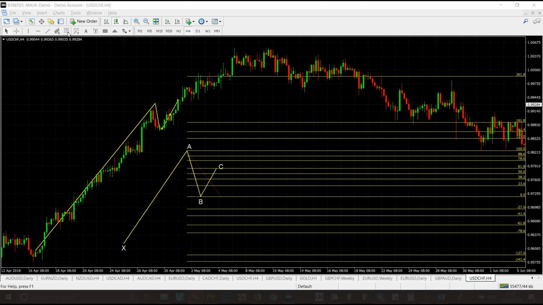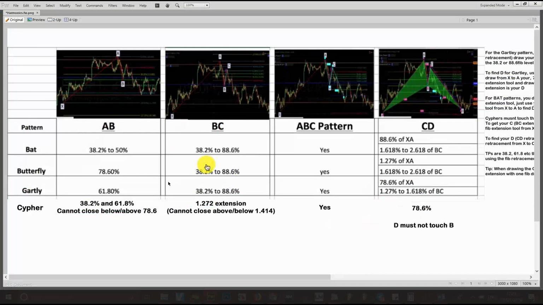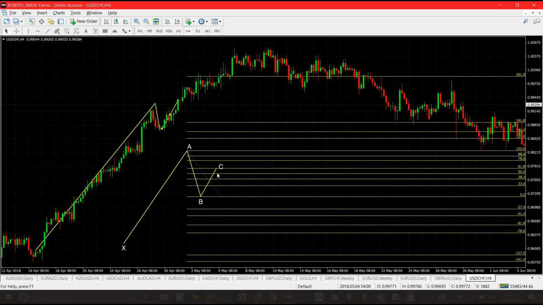The same Fibonacci retracement tool. Measure it from your A to your B. Now, what is the rule saying? Where should it get to? It should get to at least 38.2 or 88.6, meaning it can go as far as 38.2 or 88.6, but it mustn't get to A.